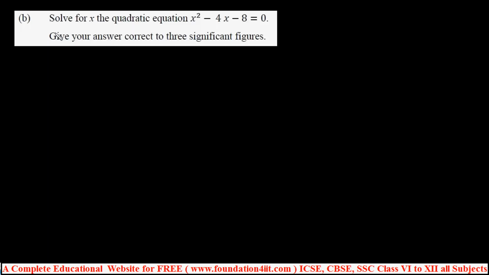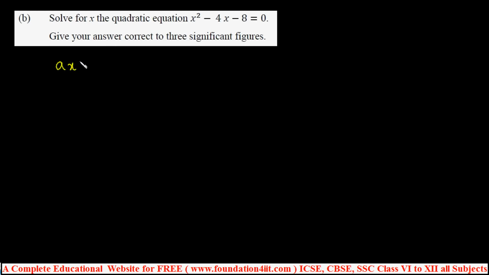In this problem, solve for x. The quadratic equation is x square minus 4x minus 8 is equal to 0, and give your answer correct to three significant figures. We can do this problem in two ways. One, we can apply the formula.